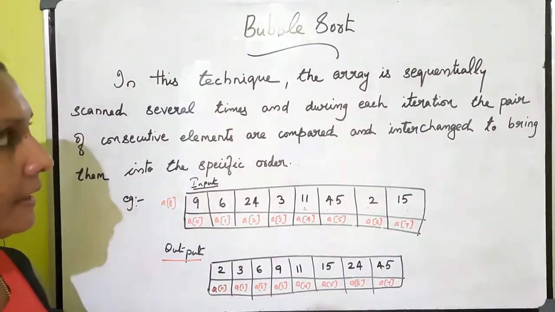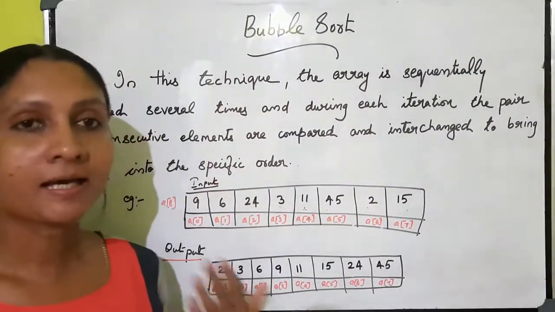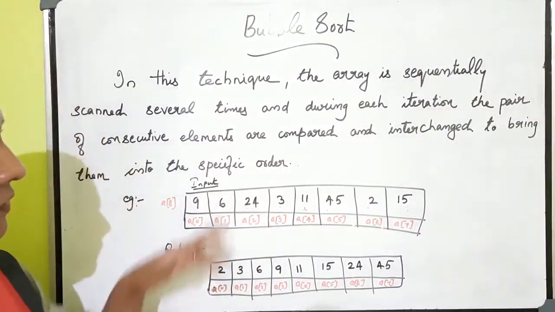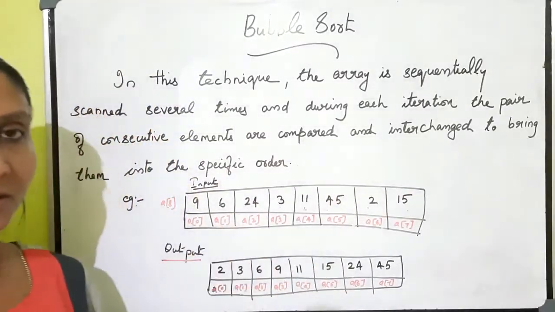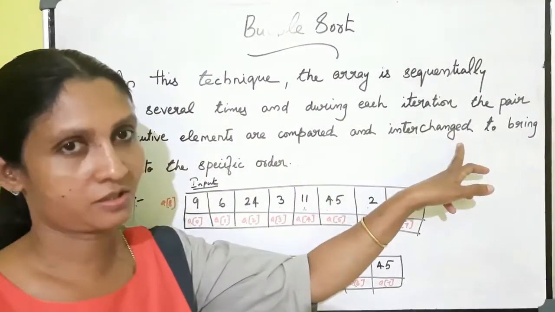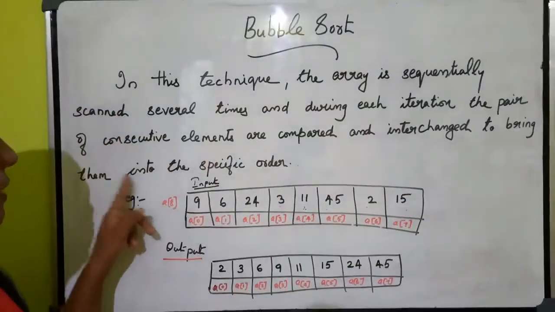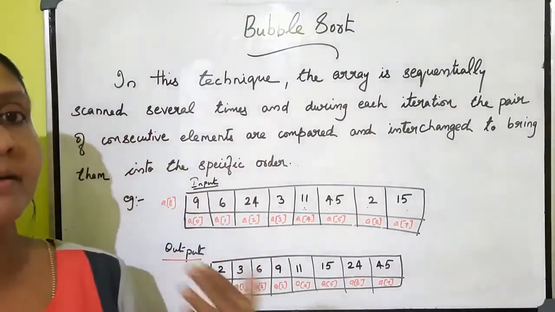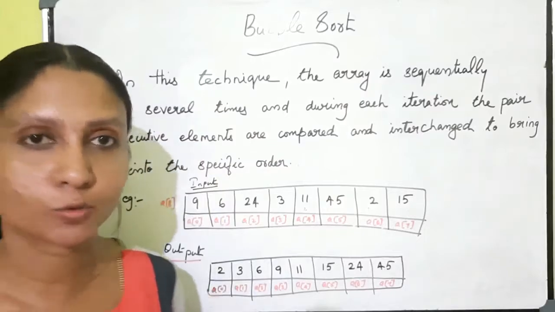That means each element is compared sequentially, and if it is greater than the next number, it will be interchanged. After all comparisons and interchanging, you will get the correct order. The items will be sorted.